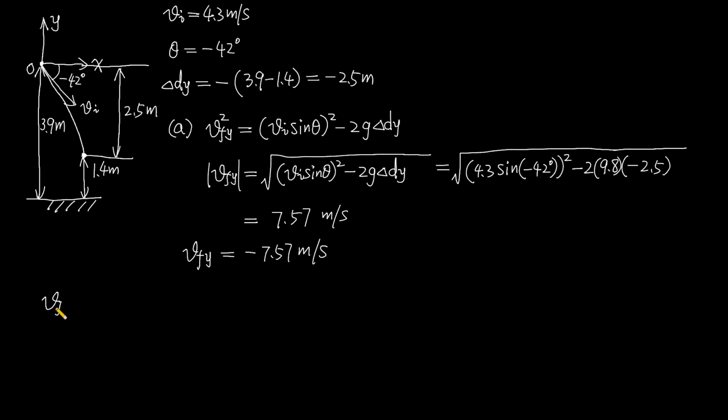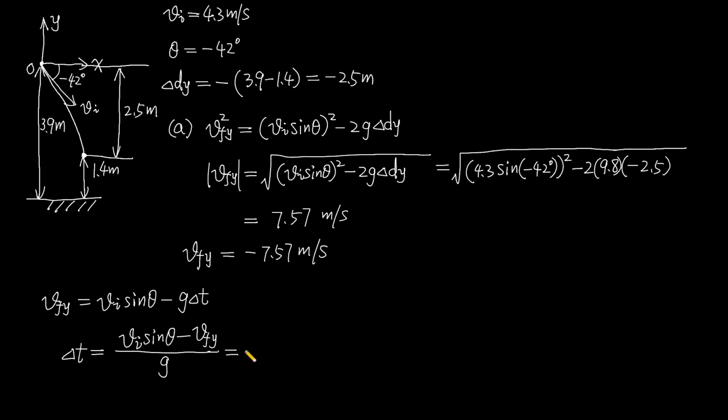The final velocity equals the initial velocity multiplied by sine theta minus acceleration g multiplied by time interval delta t. So from this formula, we can get the time interval delta t equals the initial velocity multiplied by sine theta minus the final vertical velocity, over acceleration g.